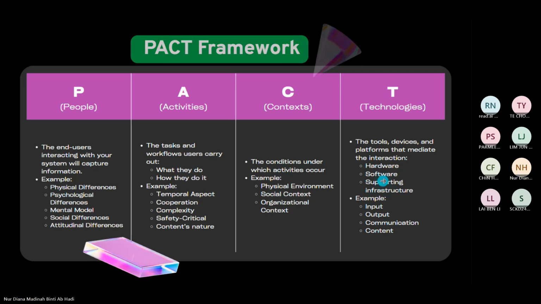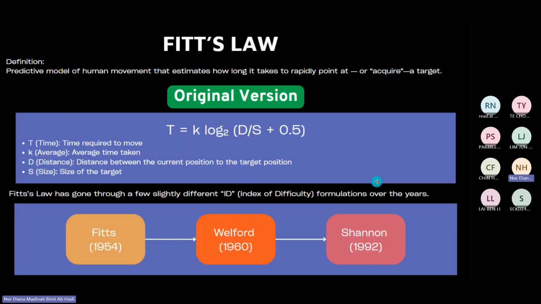Okay, so next, get ready for your calculation part. In your PACT framework, they will introduce you to Fitts's law. Fitts's law is a predictive model of human movement that estimates how long it will take to rapidly point at or acquire a target.